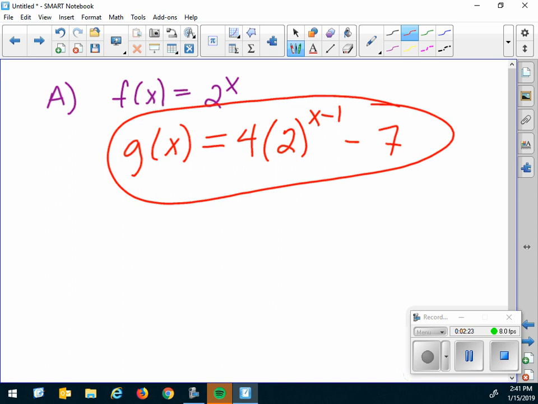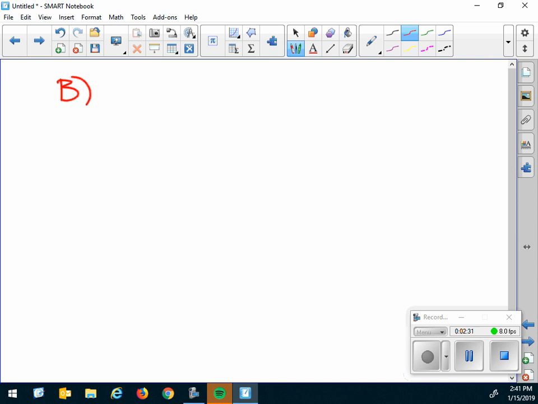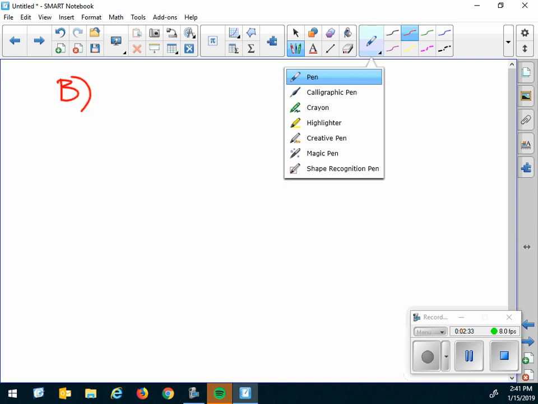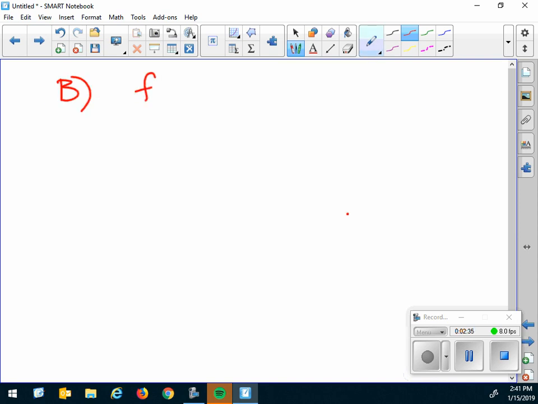B. F of x equals log base 3 of x. We're going to write a new function called g of x: horizontally compressed by a factor of 1/2, up 5, reflect across the x-axis.